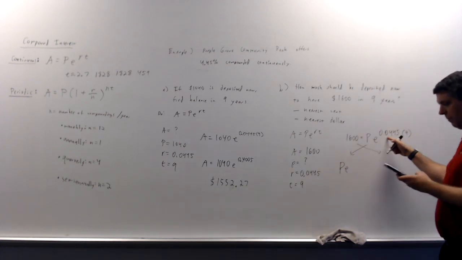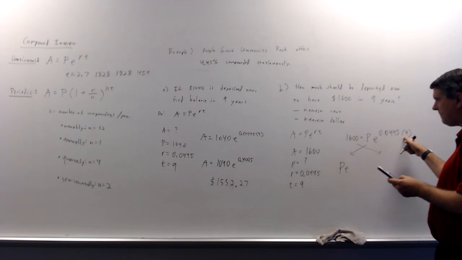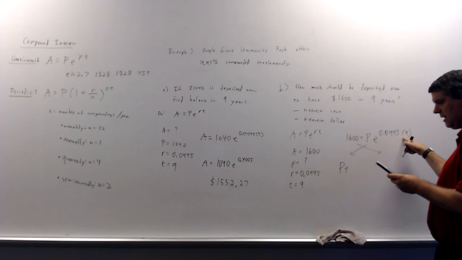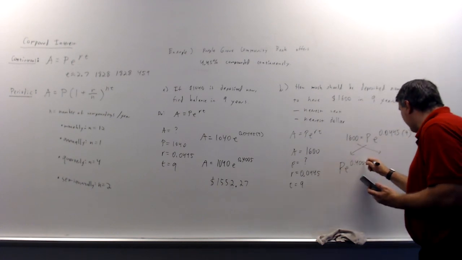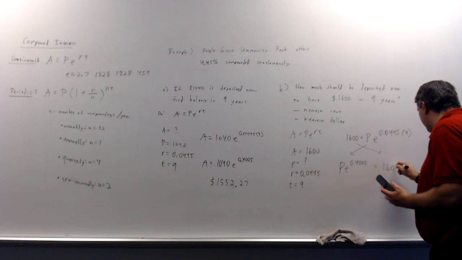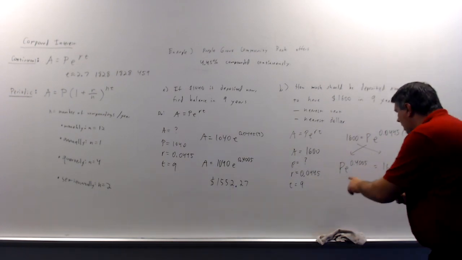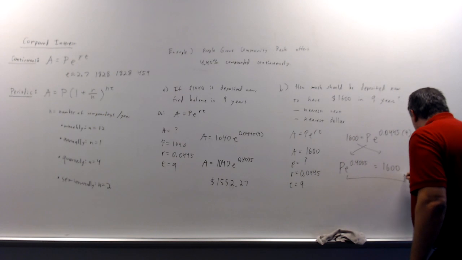So 0.0445 times 9 gives me 0.4005. So 1,600 equals P times E to the 0.4005. Now, my goal is to undo, I got P times this E to something. I'm going to do the multiplication by dividing.